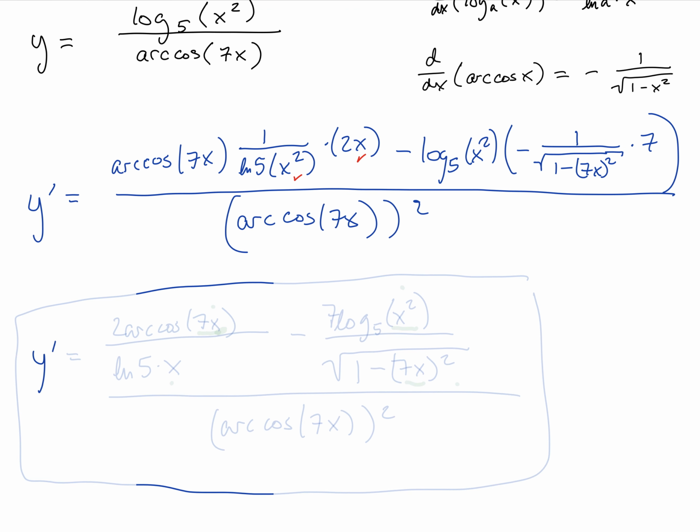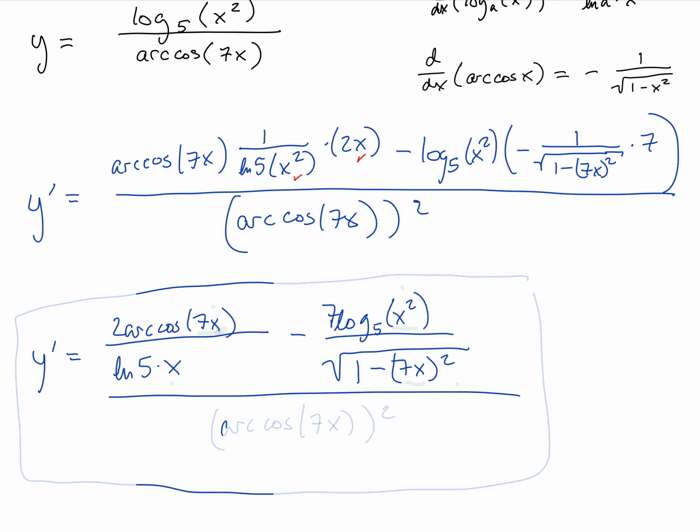So when we rewrite, y prime is arc cosine or cosine inverse of 7x times 2 over natural log of 5 times x, minus log base 5 of x squared times 7 divided by the square root of 1 minus (7x) squared, all divided by arc cosine of 7x squared.